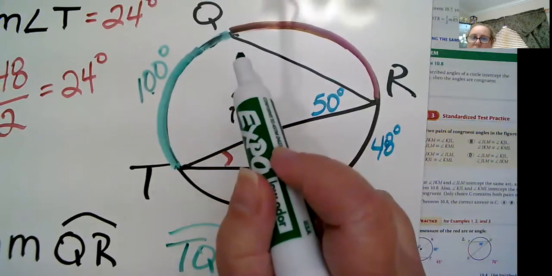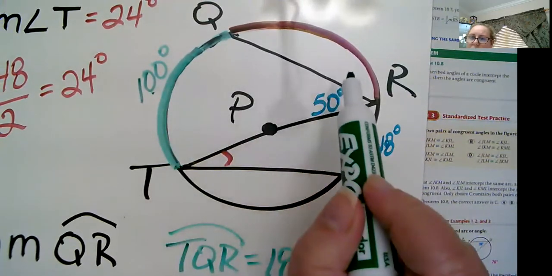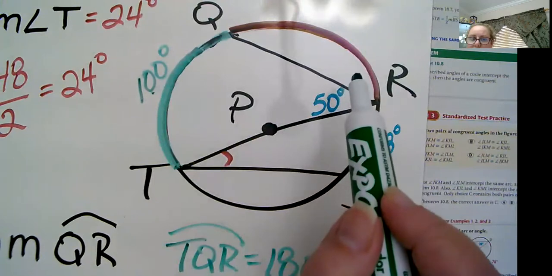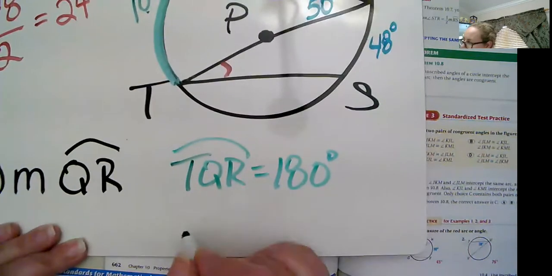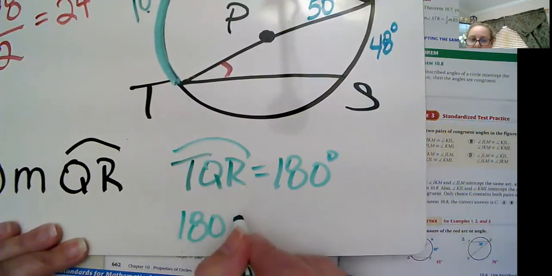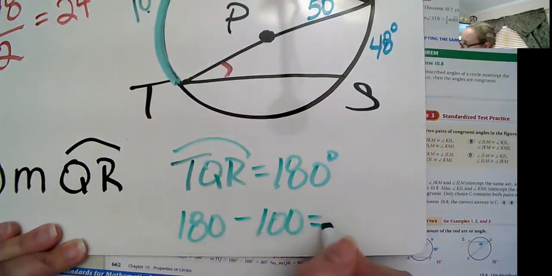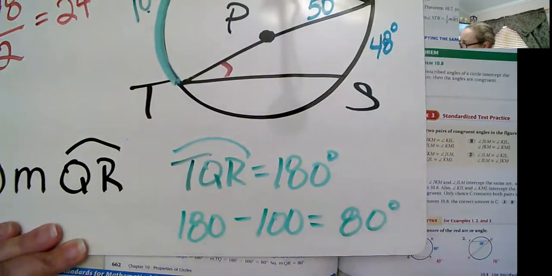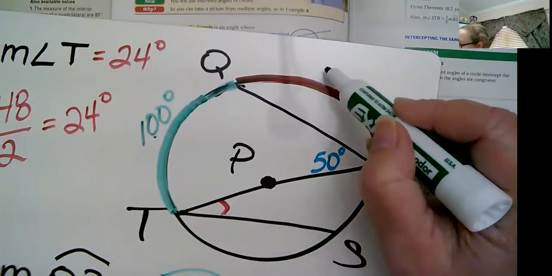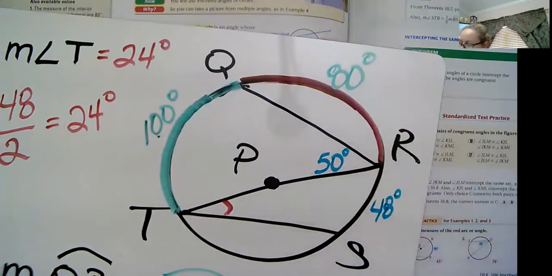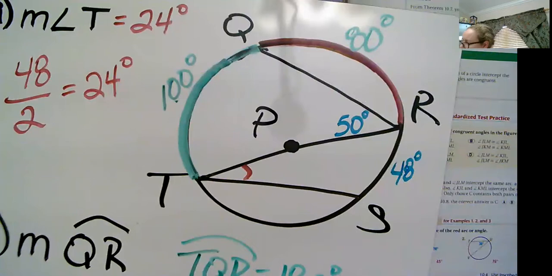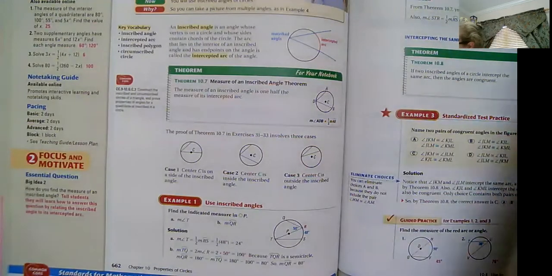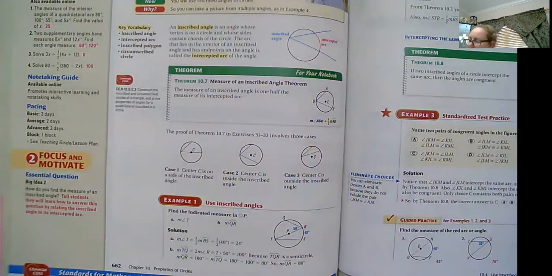Since TQ is 100, to know this one piece right here, which is QR, which is what we're looking for, we're going to take 180 minus 100, and that gives us 80. So that arc length for QR is 80 degrees. So that's our first example.